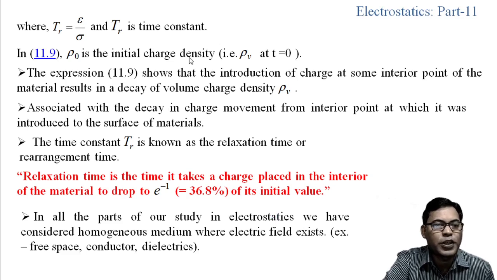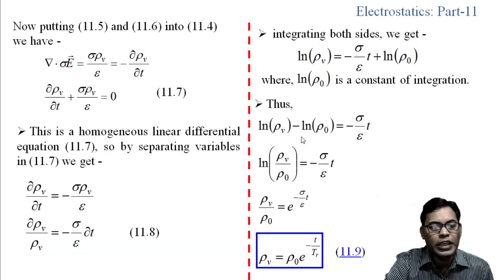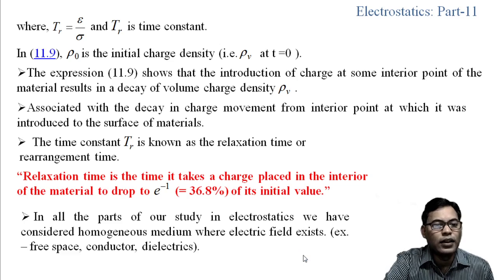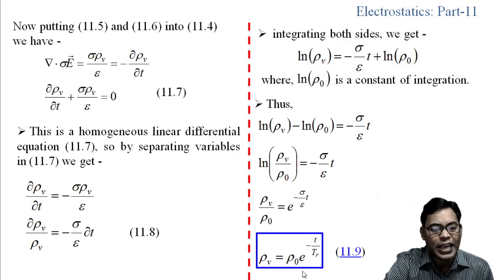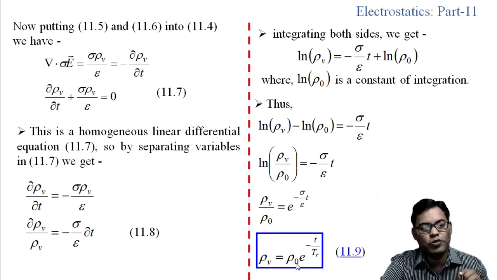Now this expression 11.9 shows that the introduction of charge at some interior point of the material results in a decay of volume charge density rho V. Now how? From the equation we can understand this. Initially at t equals 0, the initial charge in the dielectric material we can consider rho naught.